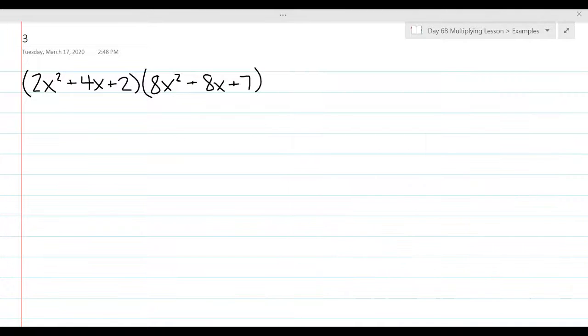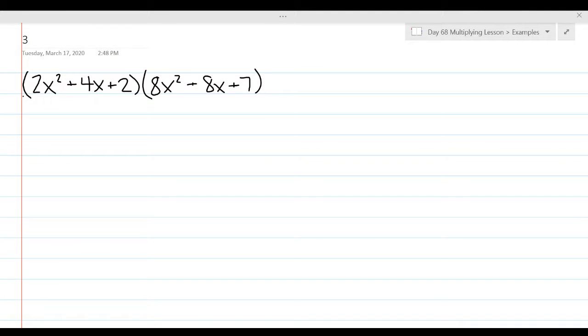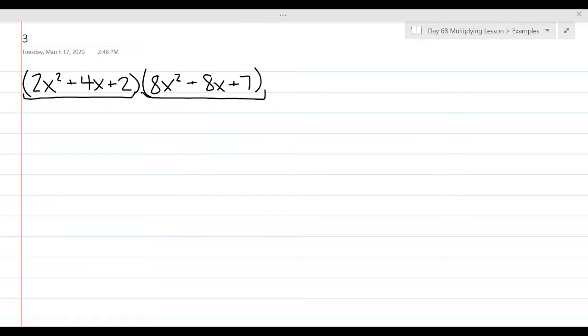So this one's a little bit different as we have 2 trinomials, right? So I'm going to do it like we did the first way in that first example and rewrite it.